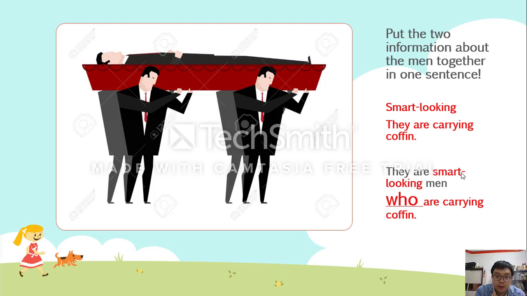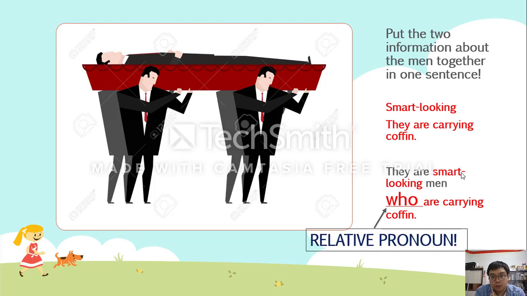So I can say they are smart looking men who are carrying a coffin. If I want to tell you more about a thing, a person, or an animal, then I use a relative pronoun. Okay, so this is just an example.